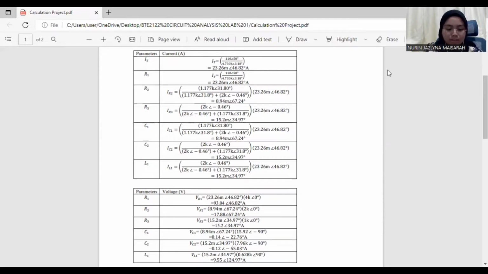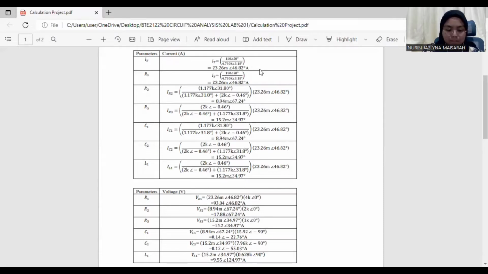Then after getting the result for the total current, we can now calculate the current for each impedance. In this experiment, the current of R1 has the same value as I total, as it is in series connection with the voltage source. For the other impedances, we need to calculate the current by using the current divider rule formula.